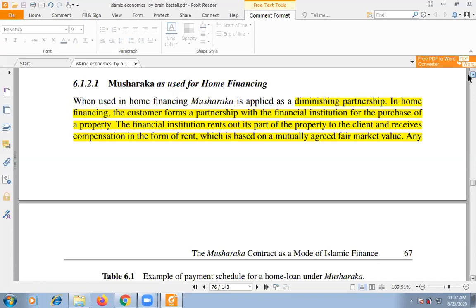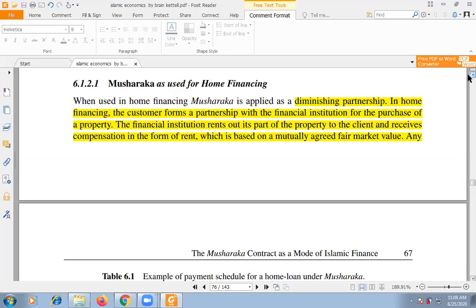So in home financing Musharaka, what is the actual picture? That is very important to concentrate on. In home financing Musharaka, the customer forms a partnership with the bank, the financial institution, for the purchase of a home, of a property.